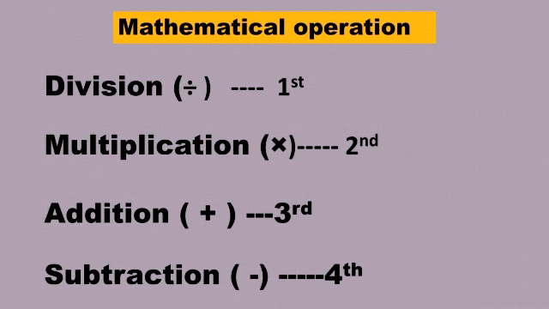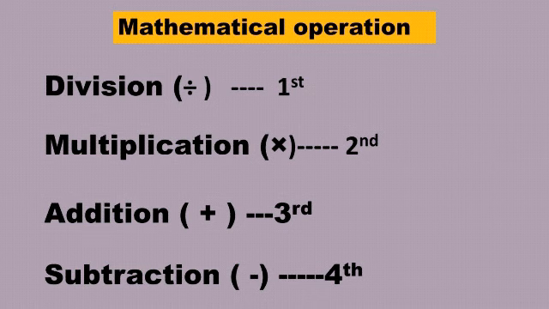I have written first division, then multiplication, then addition, then subtraction. So when a mix of operations is in a particular sum, you have to choose first division, then multiplication, then addition, then subtraction.